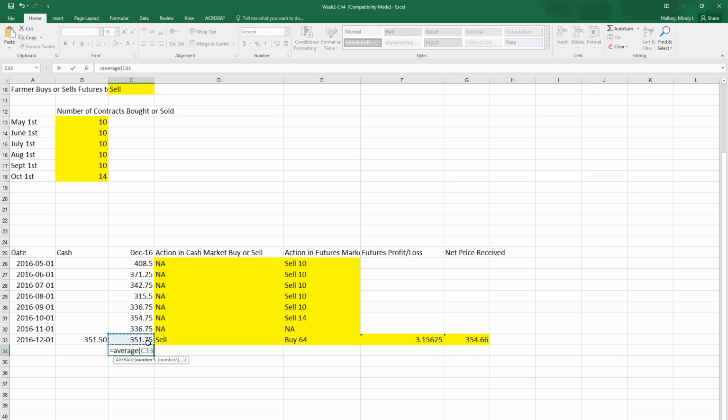So you could check that that's pretty close to what we got by taking the average of those monthly prices. And it probably makes more sense to leave out December and October because we had already hedged everything by then. And that's pretty close to what we got.